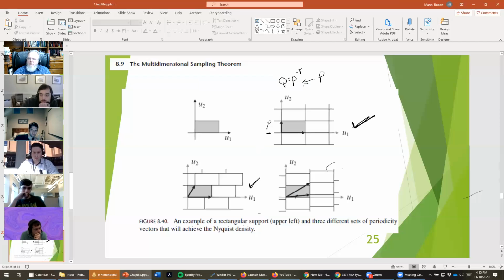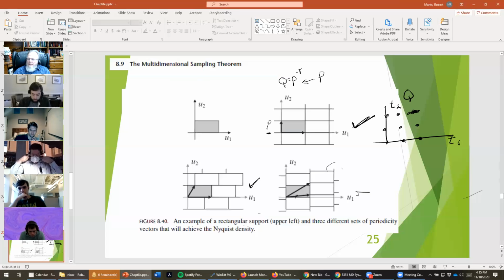So for this value of P, the sampling matrix is going to be rectangular. It's just going to be something like this. This is T1 and T2. Because it turns out if you're rectangular here, you're going to be rectangular in your time domain also. So this is the corresponding Q for this one.